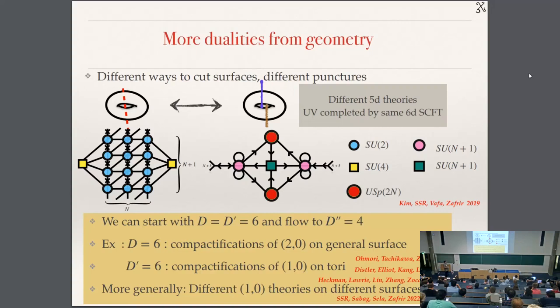Another interesting notion is to start from 2 different theories in 6 dimensions and deform them differently by placing them on different geometries, and in some cases you will get the same theory in 4 dimensions. So you can think of it as a 6-dimensional duality. You take 2 different theories in 6 dimensions, do different things to them, and get the same thing in 4 dimensions. There is a zoo of examples of these types of dualities, but we don't understand them systematically.